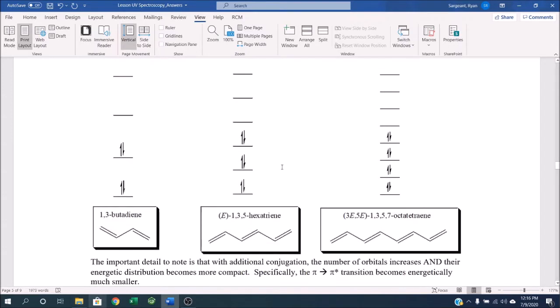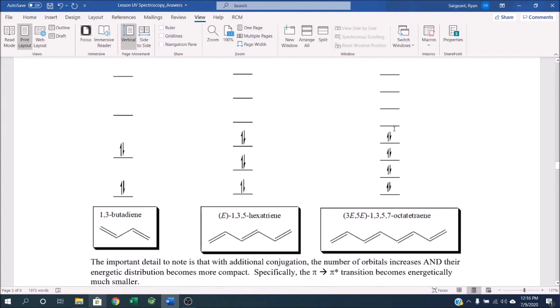And the diagram kind of gives us a clue. 1,3-butadiene is intentionally shown with the largest gap between the energy level of the HOMO and the energy level of the LUMO. And this compound, compound C, (3E,5E)-1,3,5,7-octatetraene, has the smallest gap between the HOMO and the LUMO.